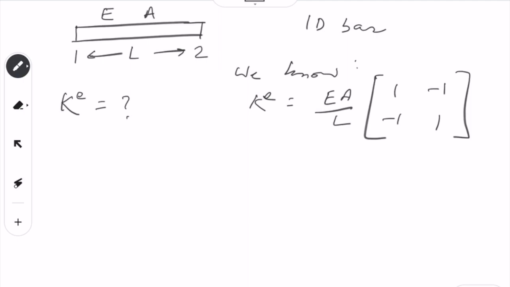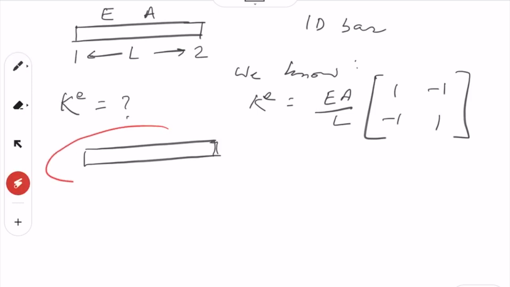Let's say you want to find out the stiffness matrix of this bar. You can also do an experiment in your lab. You take this bar to your lab and write 1, 2 at the two ends.